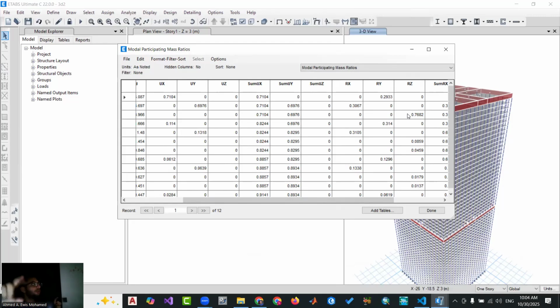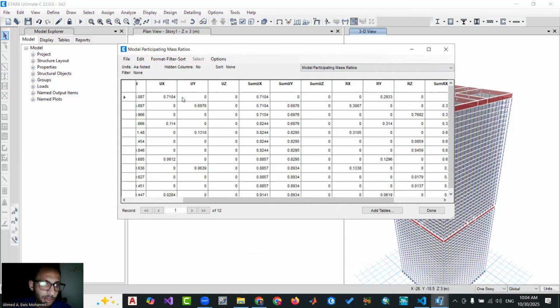In this case you should apply the vertical seismic, but here we will use only the horizontal direction. So for the horizontal direction we are caring about UX and UY, and also the rotation about Z, RZ.